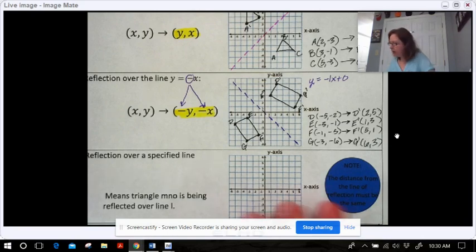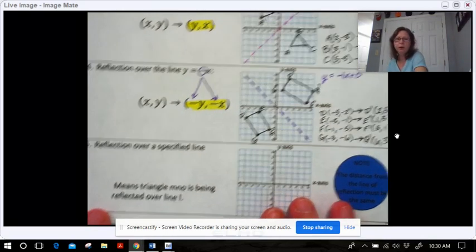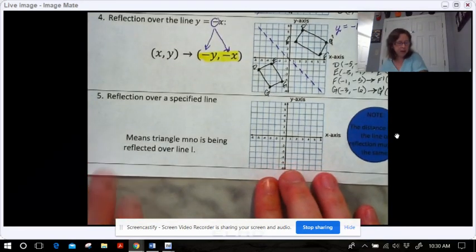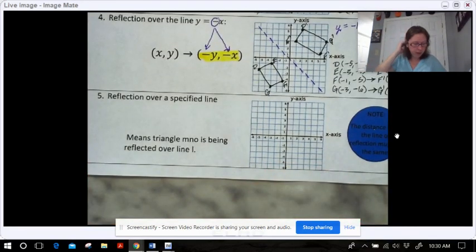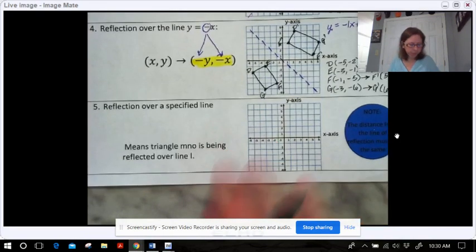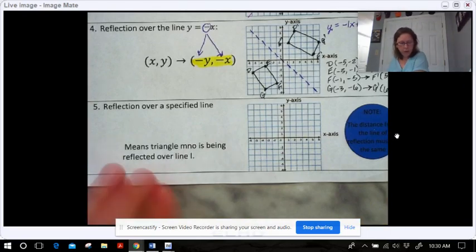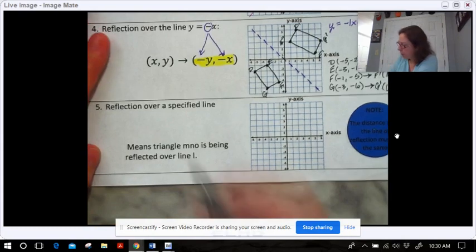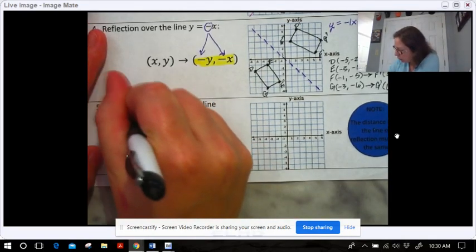Alrighty. Let's look at our very last one. A reflection over a specified line. Okay, a specified line. It means that, okay, so I'm just going to write a symbol here. Okay.